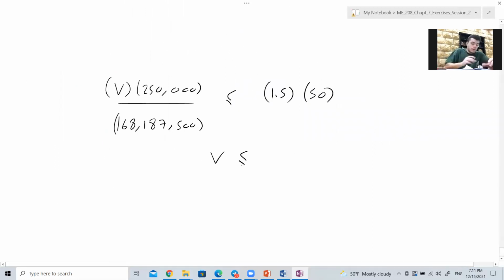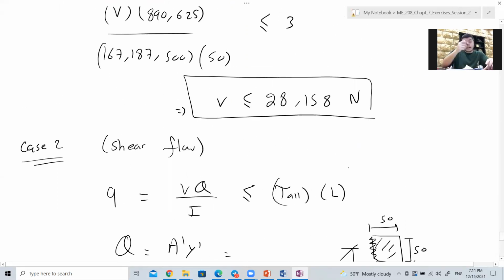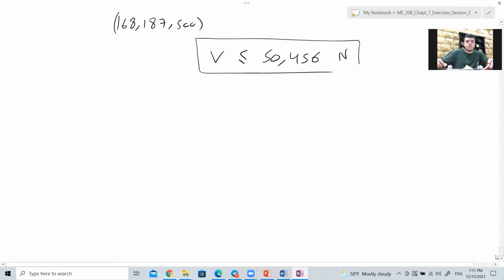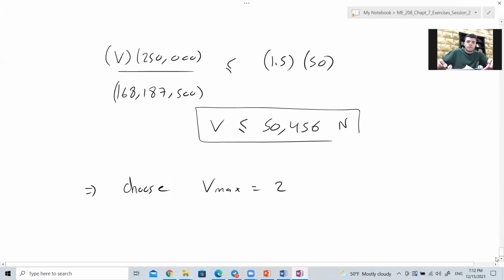That gives V less than or equal to 50,456. So we choose the smaller one, which is 28,158. This means V max equals 28,158.